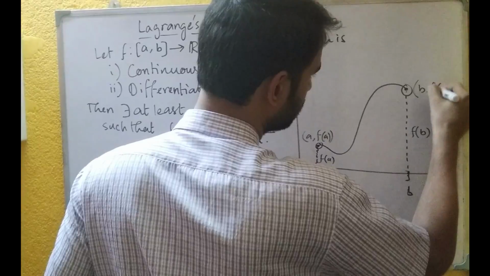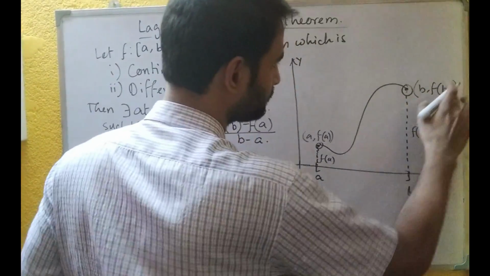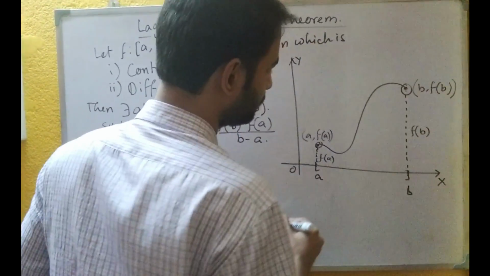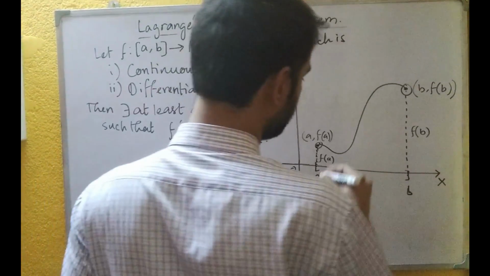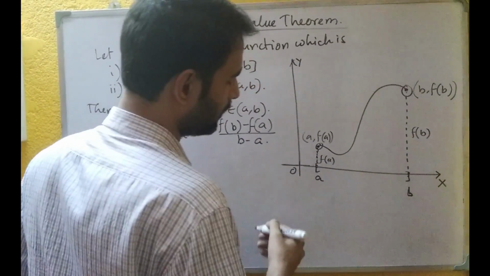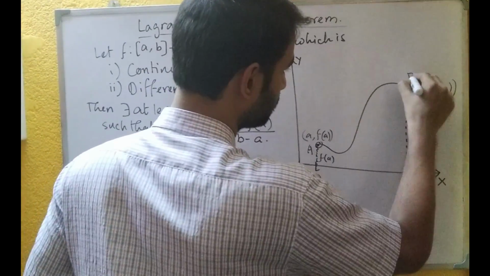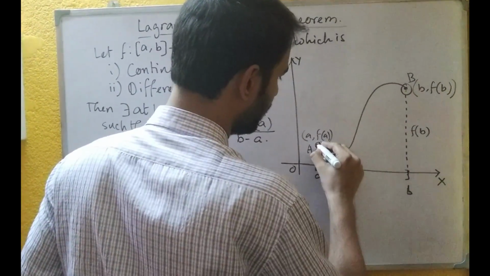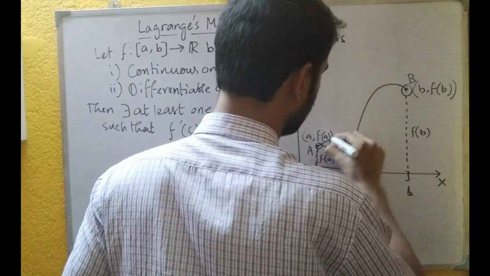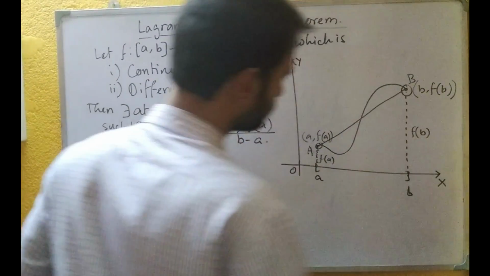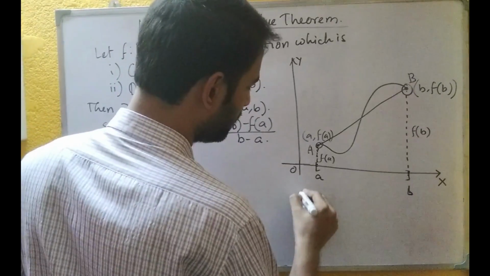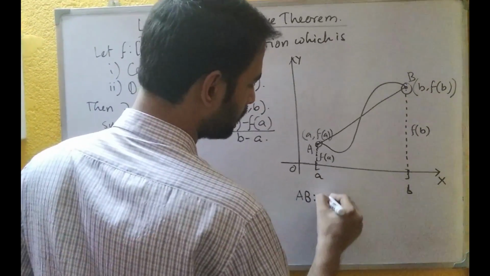So we can write this coordinate as (b, f(b)). Now the main issue is, now let us join these 2 points by naming them A and B. If we join A and B, we get a line like this.